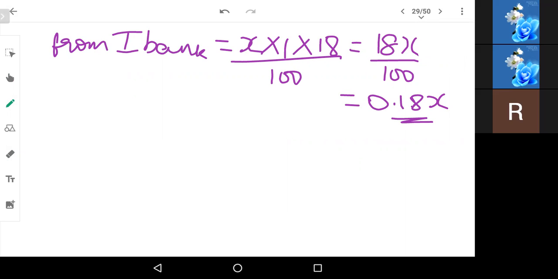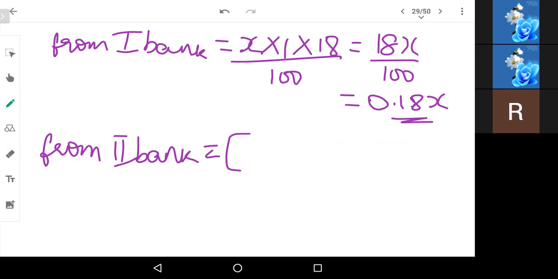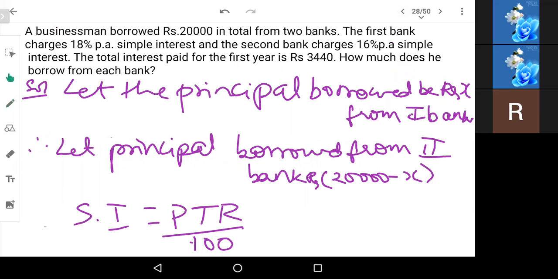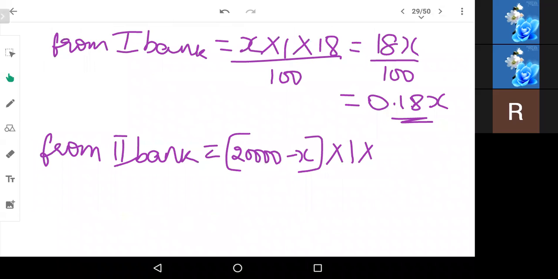Now similarly, let us find out for the second bank. For the second bank, what is the principal? 20,000 minus x is the principal, into 1 year, and the percentage of interest is 16%, divided by 100.